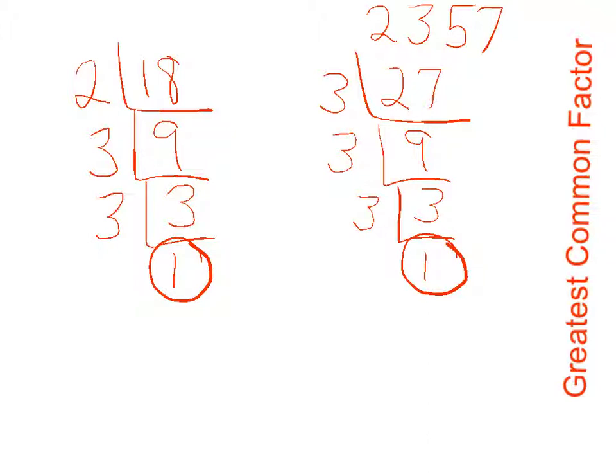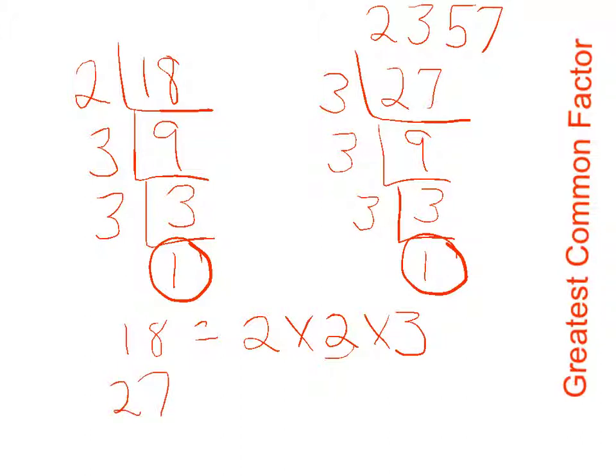Now what I can do is have a look at the prime factors in each number. I'm going to write down the factors of 18 here. So 18 is equal to 2 times 3 times 3. Then I have 27, which is 3 times 3 times 3.